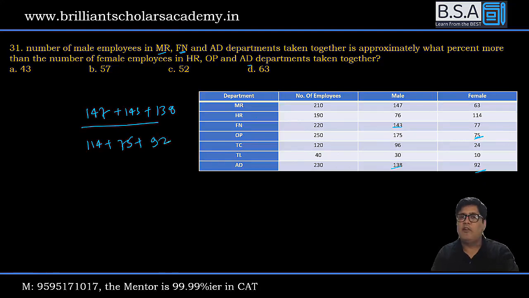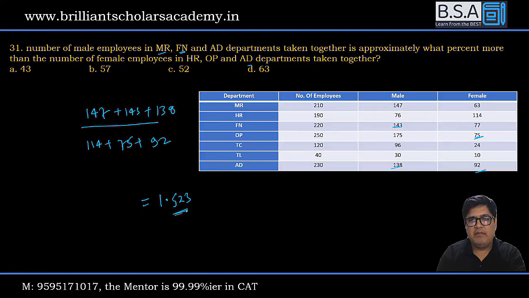So bring out your calculator, avoid mistakes like the one I did earlier. 147 plus 143 plus 138 is this, divided by 114, 75 and 92. So that ratio turns out to be 1.523.